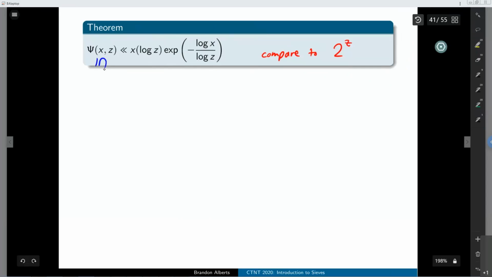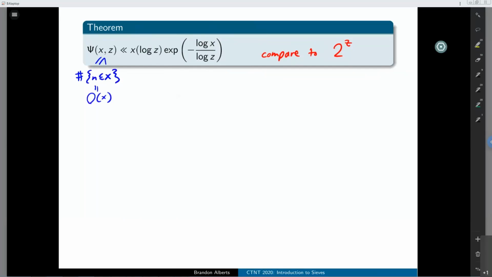This is contained in the set of integers less than or equal to x. Or, well, maybe I should put a size here. Say it's bounded above by this. So the trivial bound is big O of x. In order for this theorem to actually be significant, we need to pick z in such a way that all this stuff ends up growing slower than x.